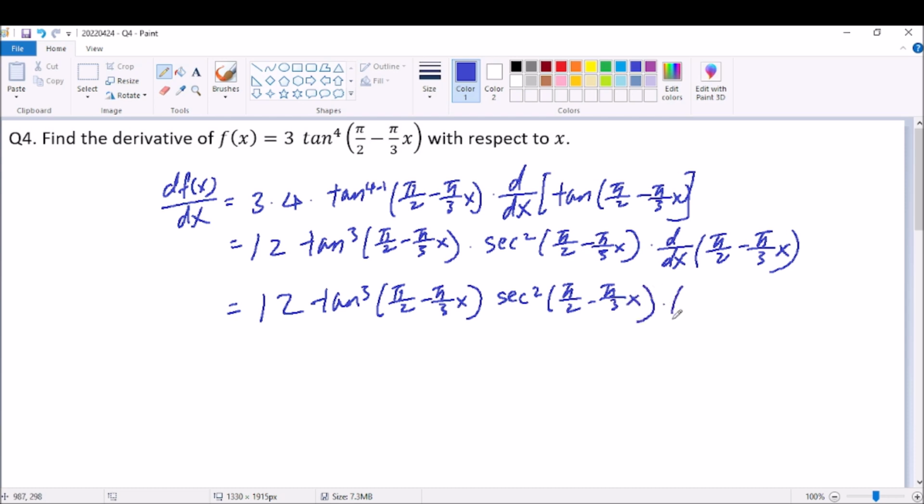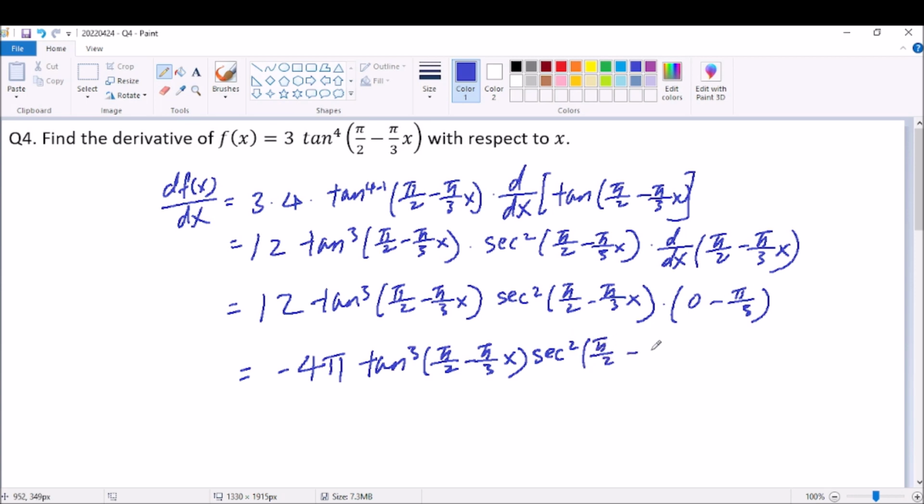And now we differentiate: pi over 2 is 0, minus pi over 3 x when differentiated is pi over 3. So the final expression we have is minus 4 pi tangent cubed (pi over 2 minus pi over 3 x) secant squared (pi over 2 minus pi over 3 x).